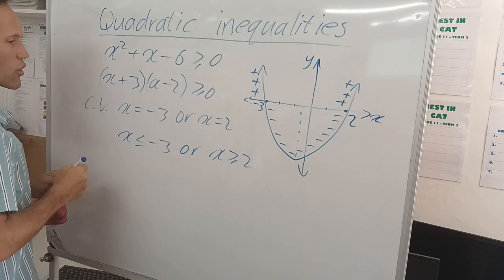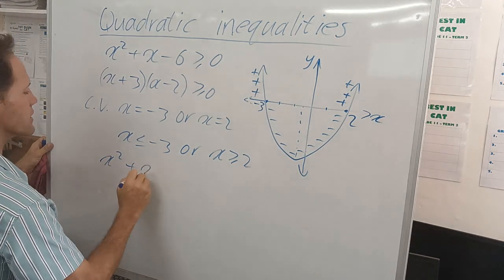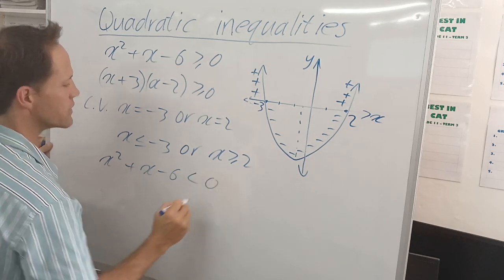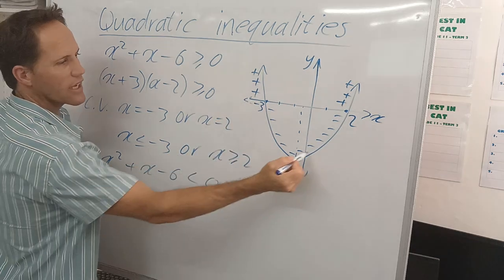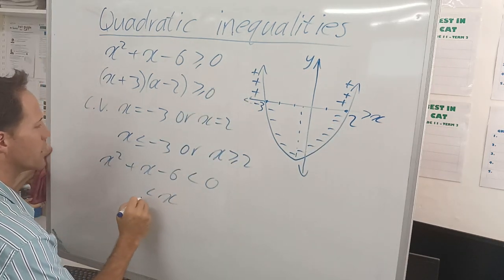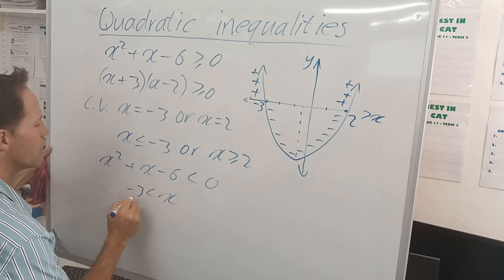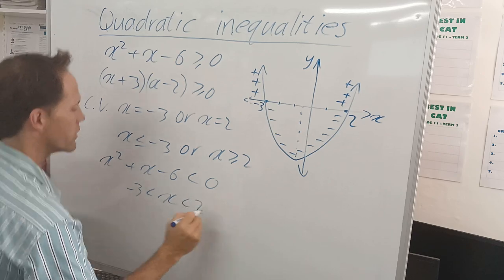So if the question was, where is x squared plus x minus 6 smaller than 0? Where is this graph smaller than 0? You would say it's this part, where x is bigger than negative 3 and x smaller than 2.